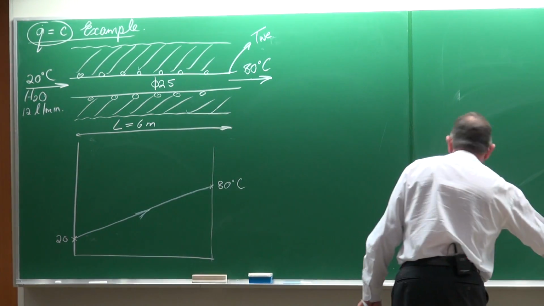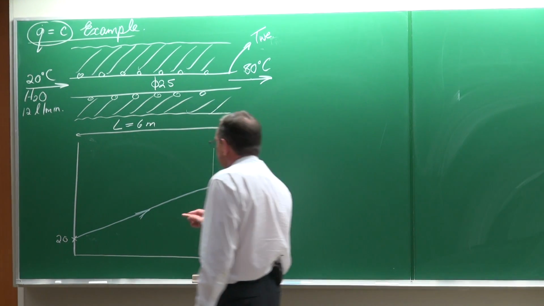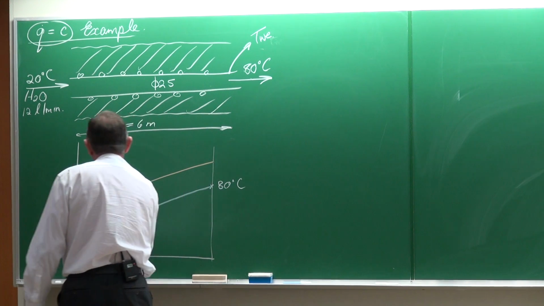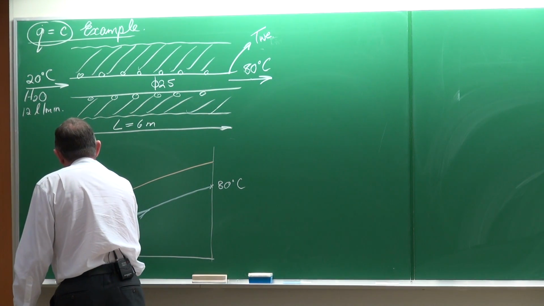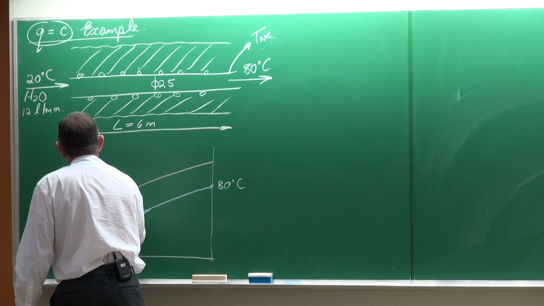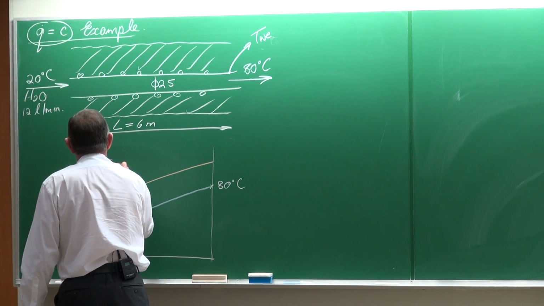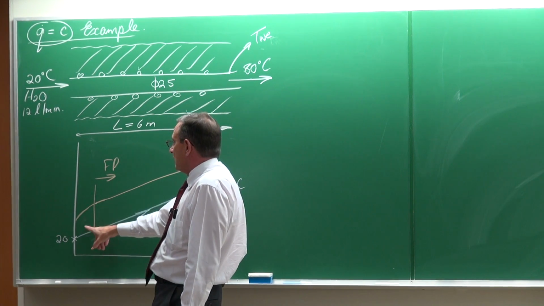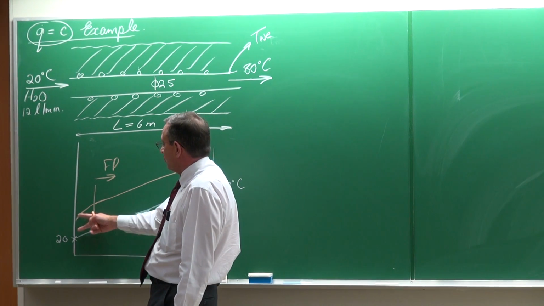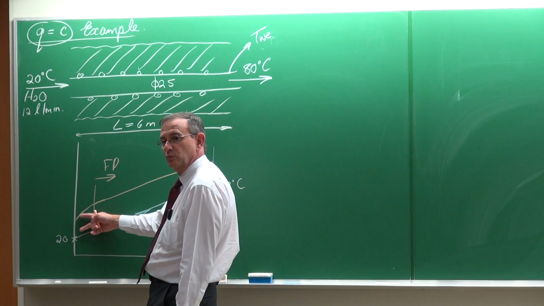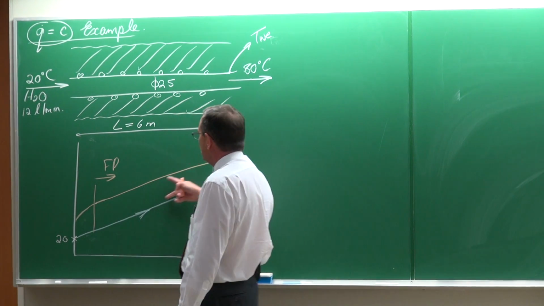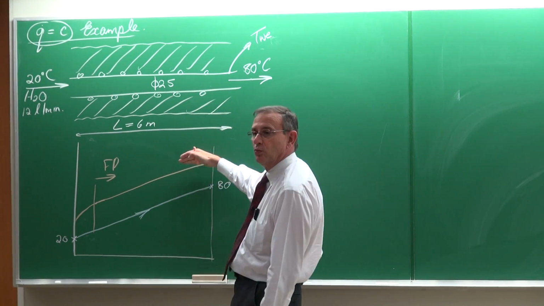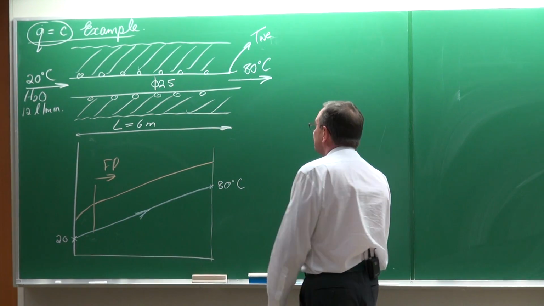Okay, and for these types of problems, our wall temperature normally does something like that, once the flow is fully developed. If it's developing, the heat transfer coefficient will be very high, and therefore the temperature difference at the wall would be smaller until the flow is fully developed, and then you will have a constant delta T between the wall and the fluid.